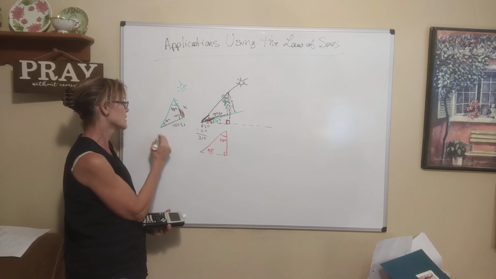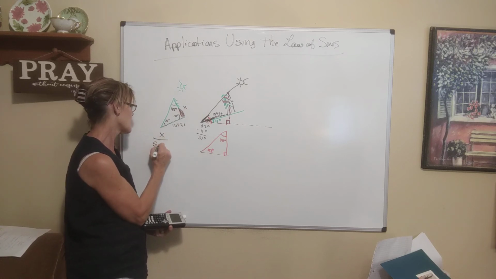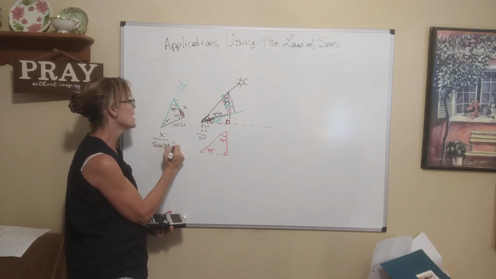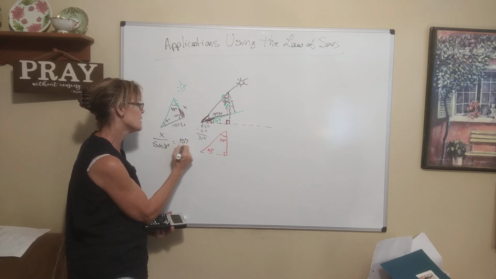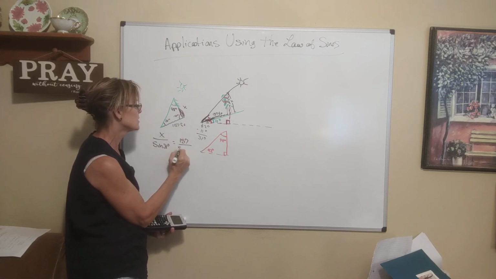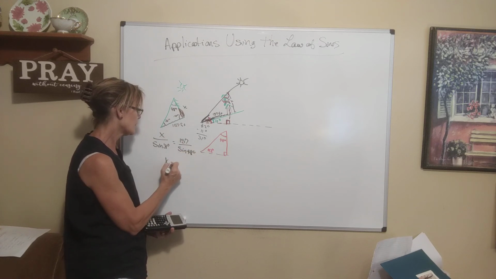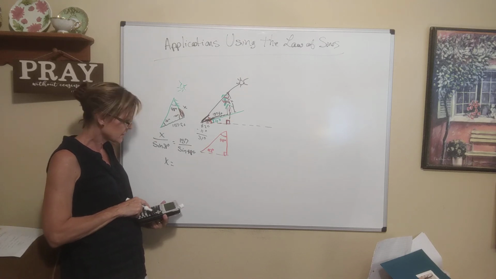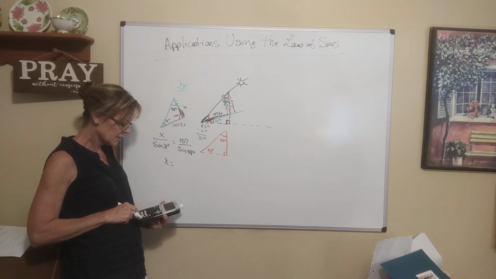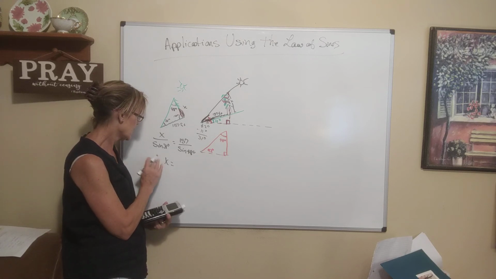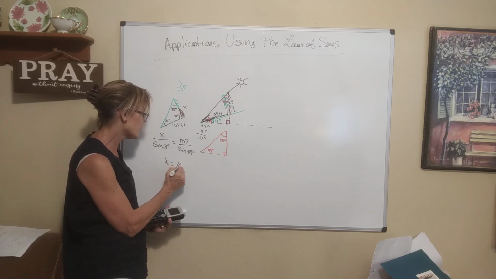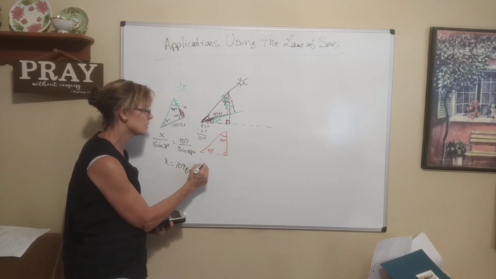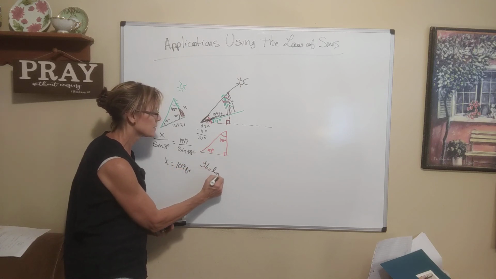We need to know this side. So we'll say x is to the sine of 31 degrees as 157, the length of the shadow, is to the sine of the angle opposite, 48 degrees. And we'll solve for x. 157 times the sine of 31 divided by the sine of 48 gives me that x is 108.8, or about 109 feet.